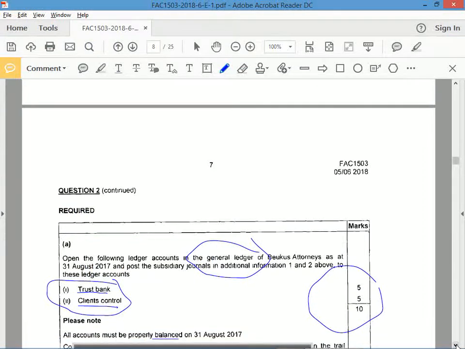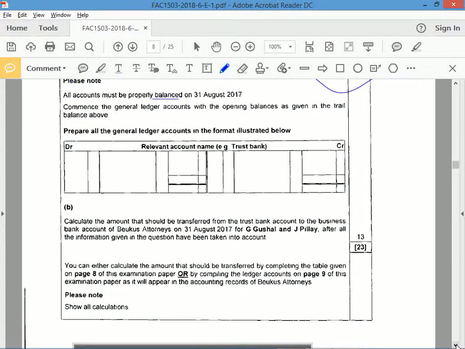Okay, B does give you an option. B said, calculate the amount that should be transferred from the trust bank account to the business bank account of B on 31st August for G and P after all the information given in the question above has been taken into account.